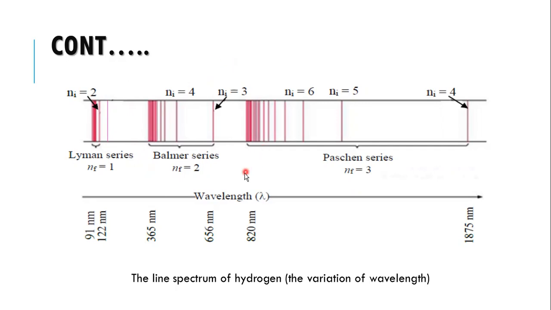The initial energy level will be 4, 3, even 6 or whatever. And this belongs to the Paschen series, which is what we are studying. According to this, the wavelength increases from left to right, from the Lyman series to the Paschen series. Therefore, this one will have the highest wavelength and the lowest frequency.